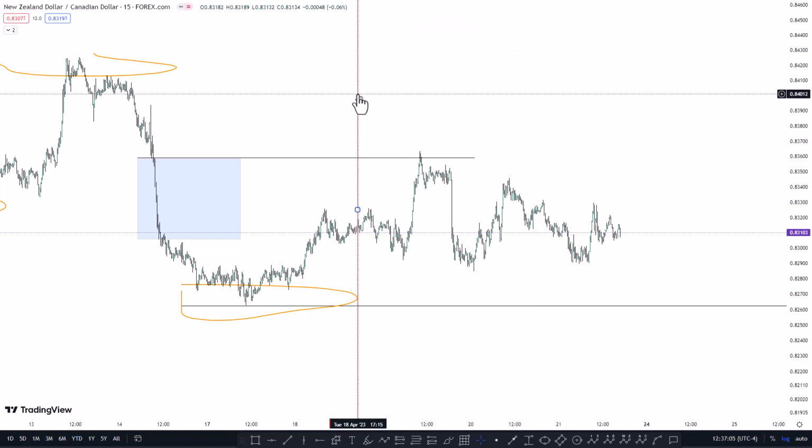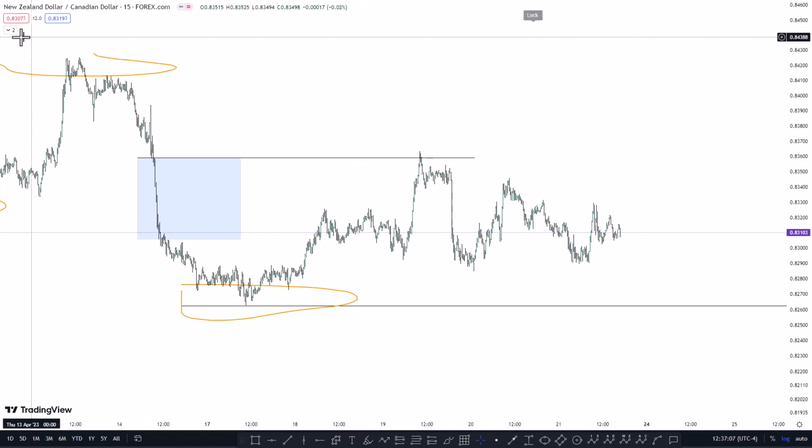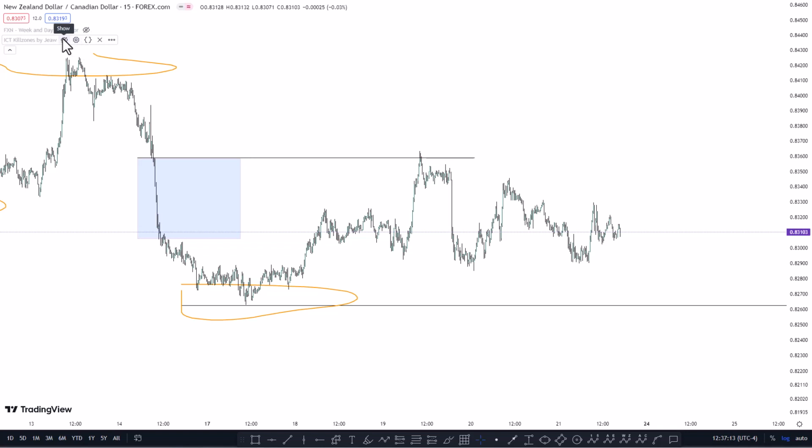Let me turn on my indicator here that shows me days. Don't know why this is not working. Was it deactivated? Not sure.